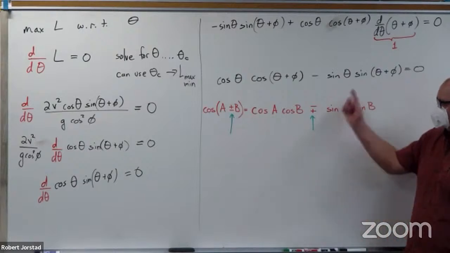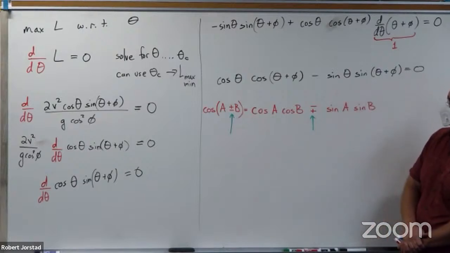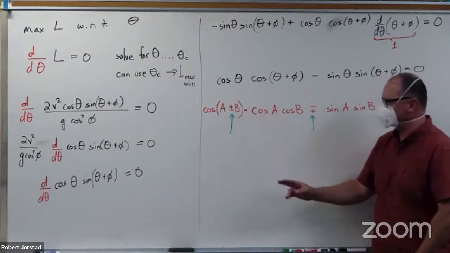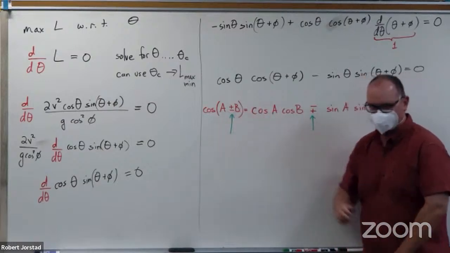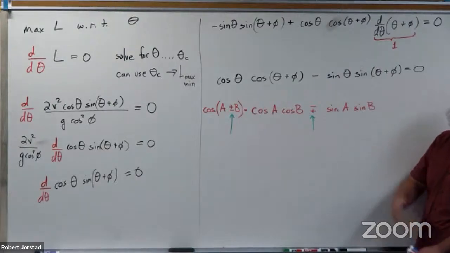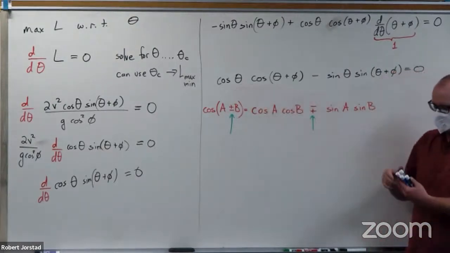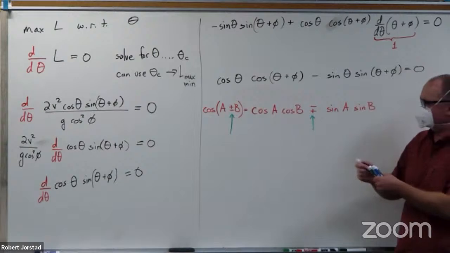So looking at this, do I want to use cosine A plus B or do I want to use cosine A minus B? Let's look up here. What is A and B here?